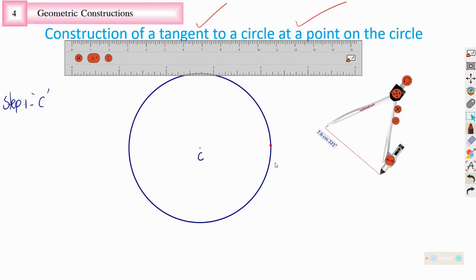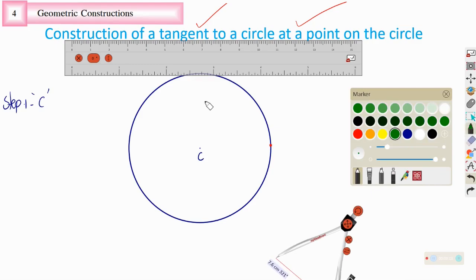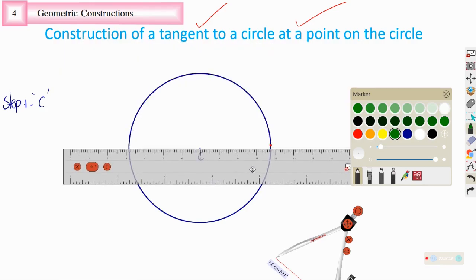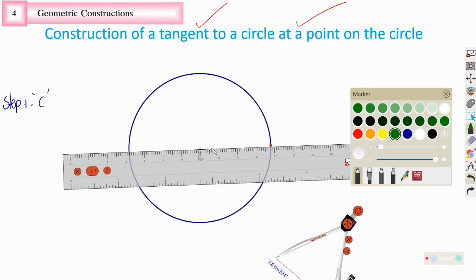This point. So what I will do is I will bring the scale and draw a line passing through that point. Slightly slanting, no problem.